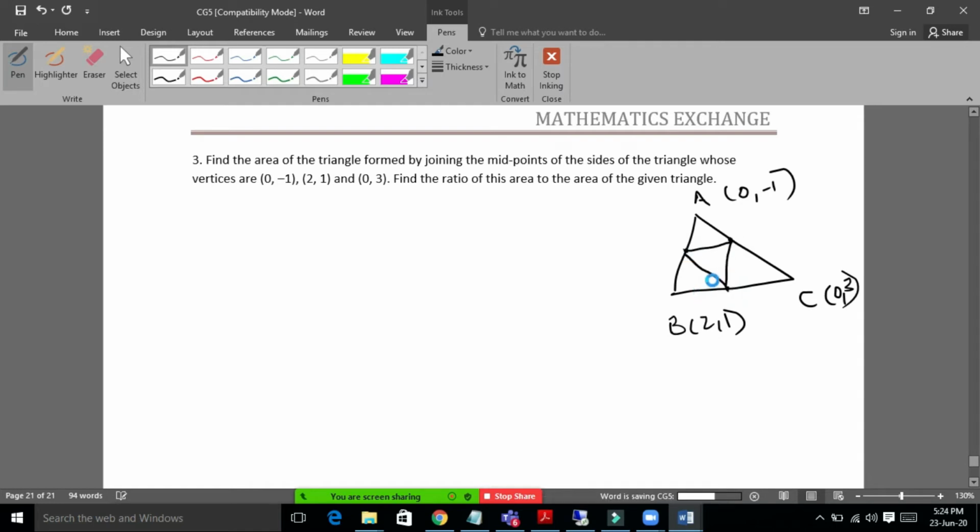So we get a triangle inside triangle ABC. We name this DEF. So this triangle DEF is formed by joining the midpoints of triangle ABC. Now what do we have to find out? We have to find out the area of triangle DEF and the area of triangle ABC, and then take the ratio of the area of triangle DEF to the area of triangle ABC.